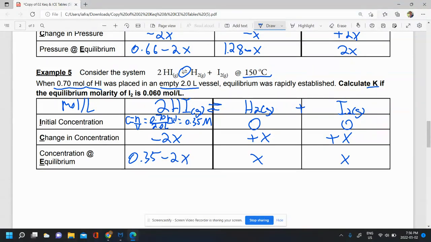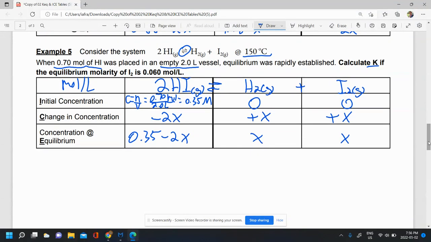Now, here we have some additional information given to us. It says calculate K if the equilibrium molarity of I2 is 0.060 mole per liter. So the equilibrium concentration of I2, which we said was x, is actually equal to 0.060 molar.